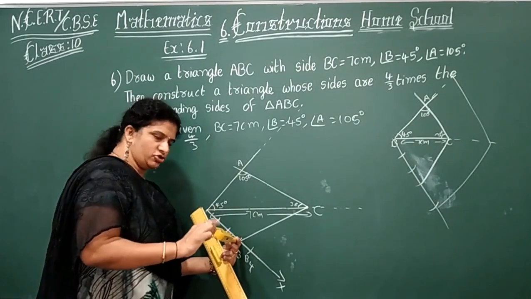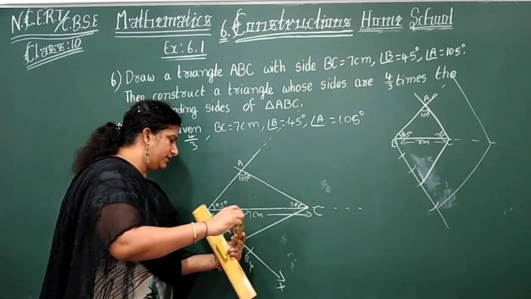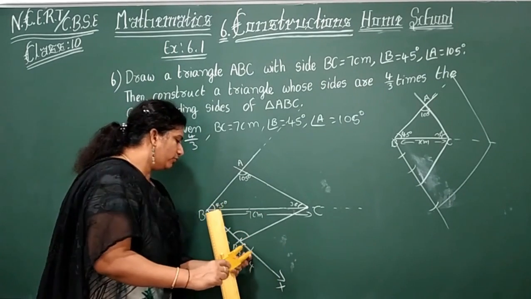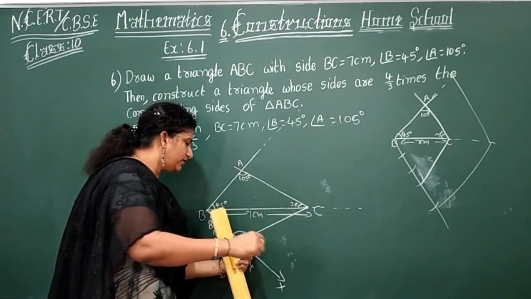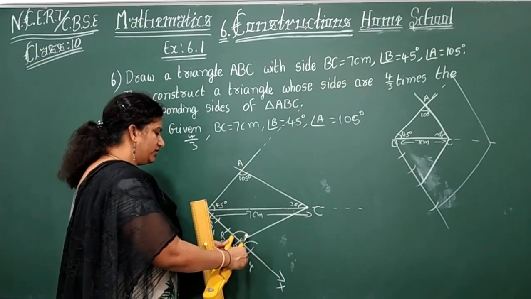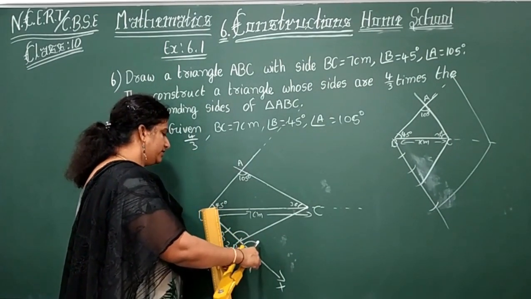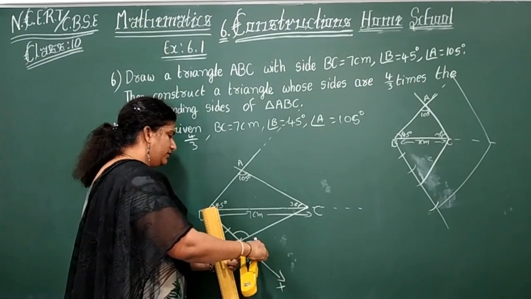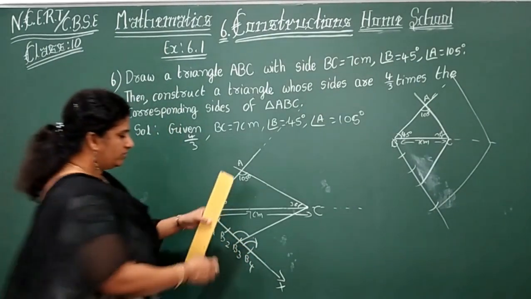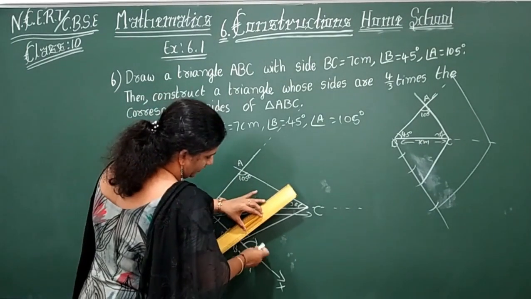And always you should hold here to get exact, but some conditions cannot be applied on both, children. Little difficult. Okay. Now measure this. Right. Now try to join here.